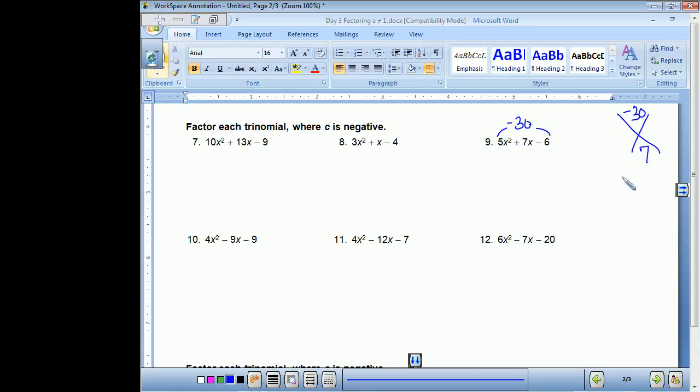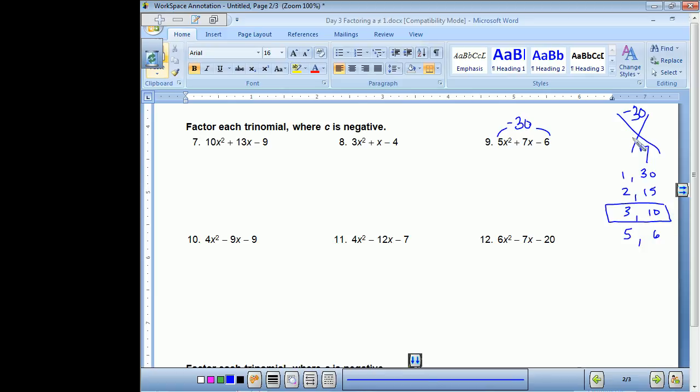So if we think of our factors of 30, 1 and 30, 2 and 15, 3 and 10, and 5 and 6. We know they have to be opposite signs. If I subtract any of these combinations, do I get 7? Yeah, the 3 and 10.